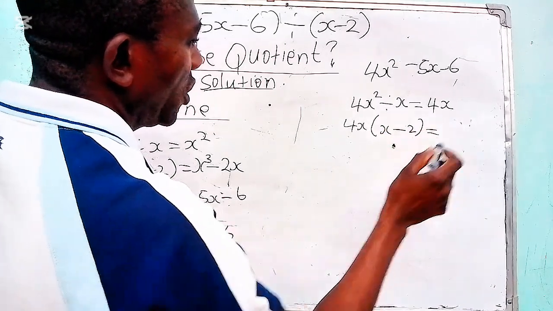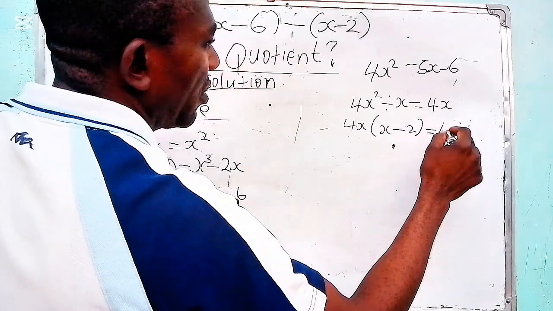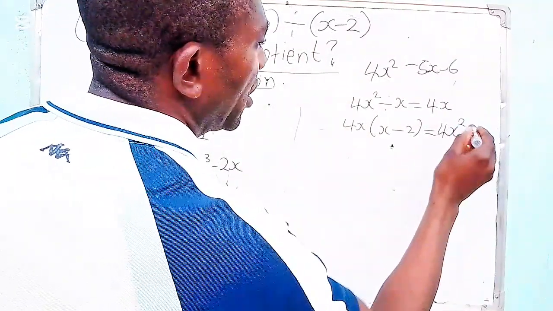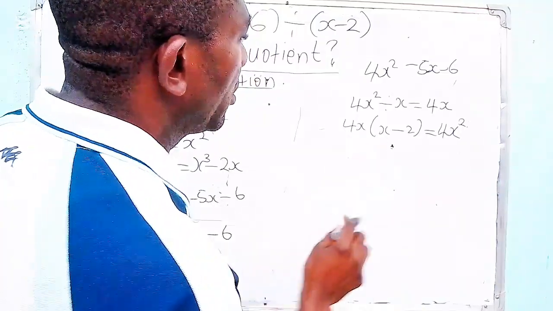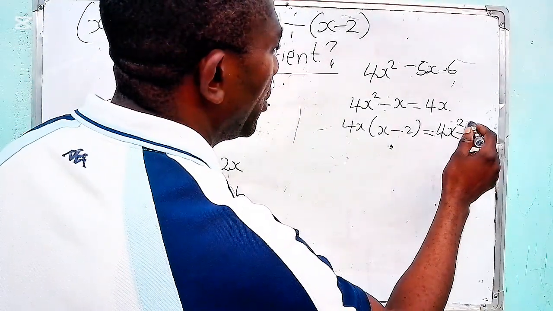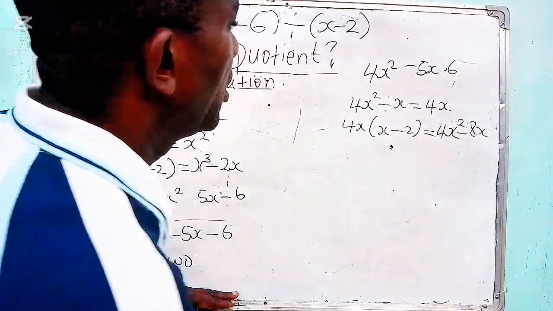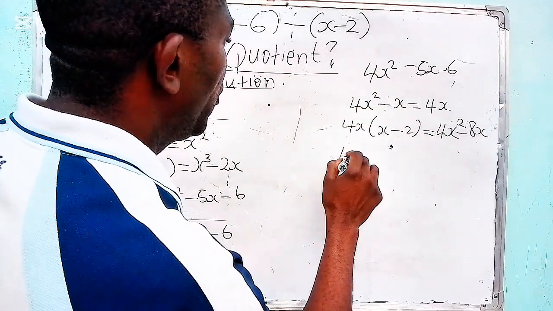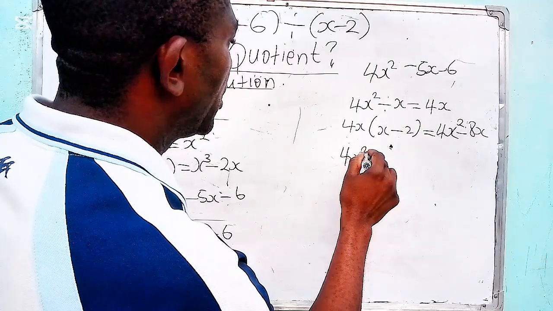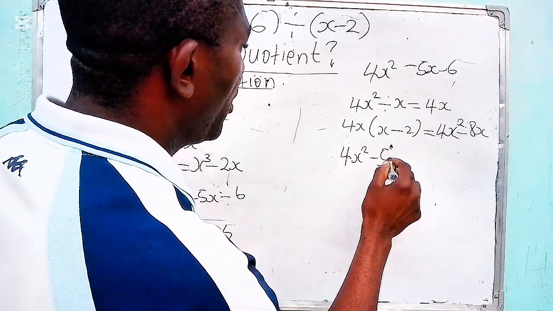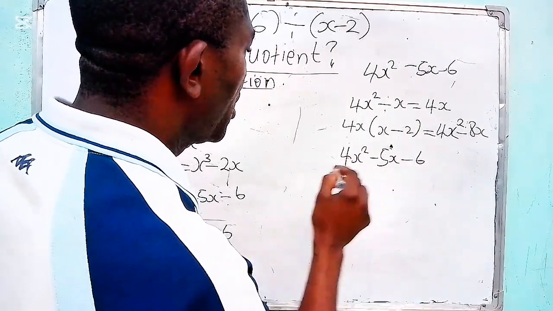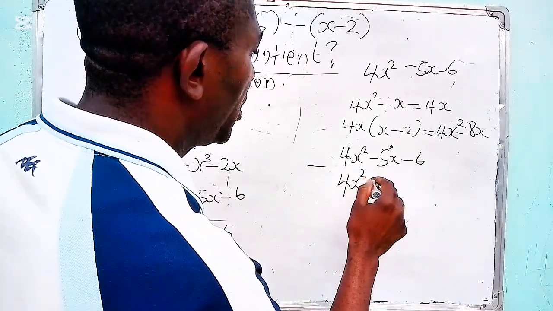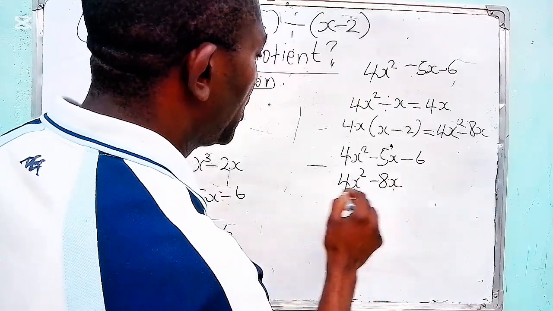Close the bracket, equals 4x times x is 4x squared. 4x times minus 2, you have minus 8x. So at this point, you subtract from this, which is what? 4x squared minus 5x minus 6 minus 4x squared minus 8x.